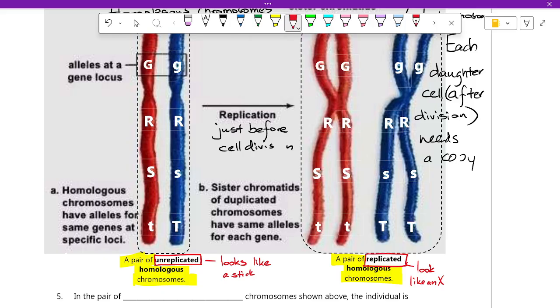So we're going to do something here. We're going to hold up our arm, and that's going to be an unreplicated chromosome. Okay, so hold up your arm. That is an unreplicated chromosome. Now we are going to replicate the chromosome. Okay? And then when a cell is ready to divide, those two chromosomes, which are identical to one another, those two halves of the chromosomes are going to split to opposite ends.